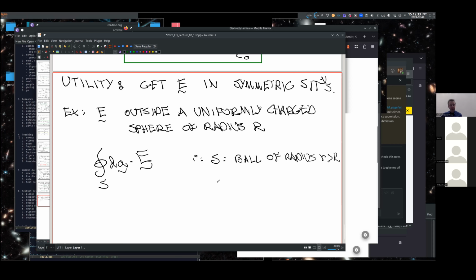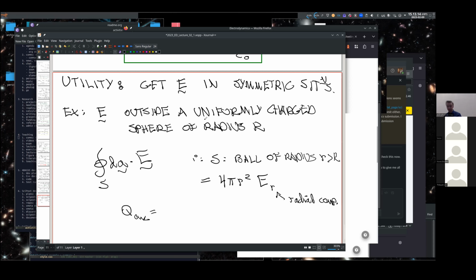So the integral is just 4 pi r squared times the radial component of the field outside. And I know that the total Q enclosed is just going to be the total charge in there.